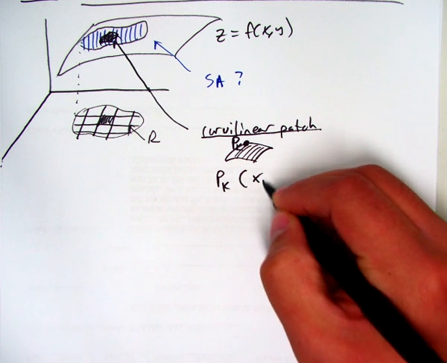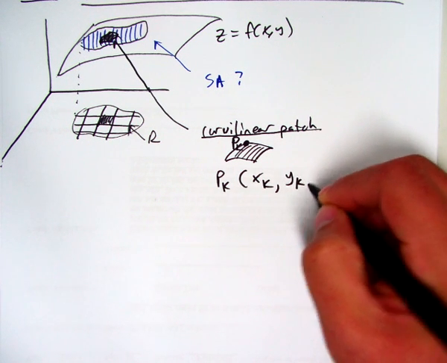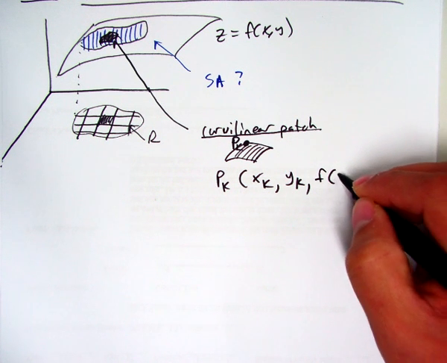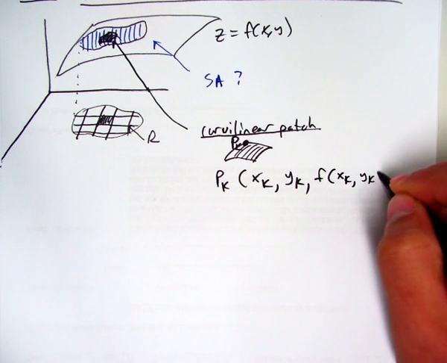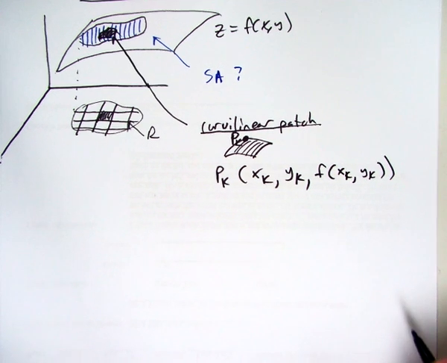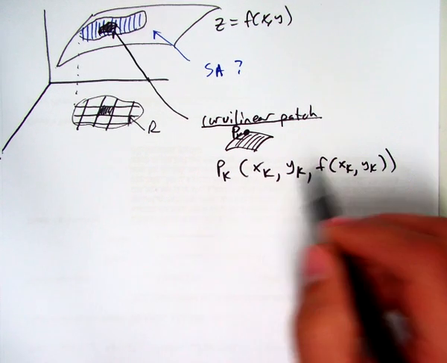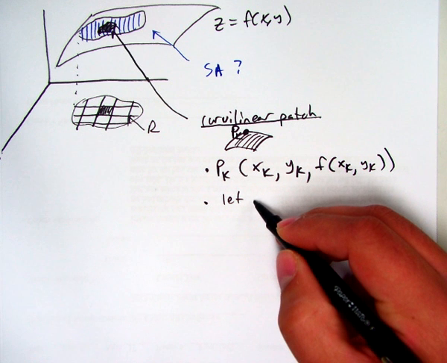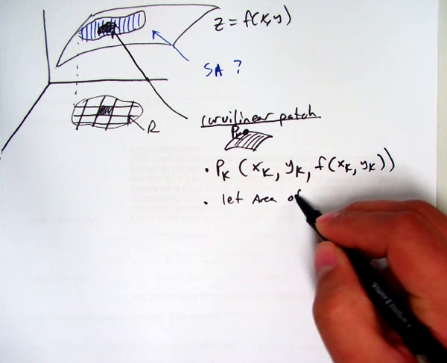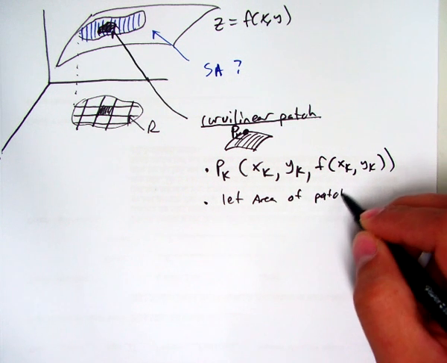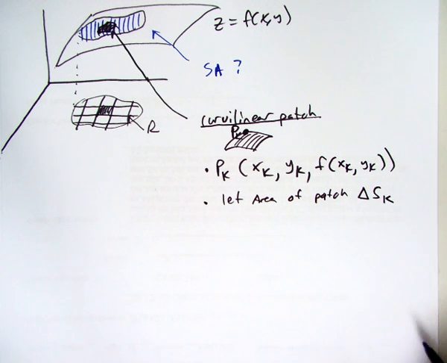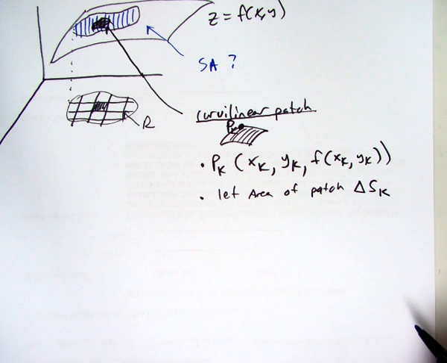So then x sub k, y sub k would be the coordinates for x and y, and then the z coordinate would be found by plugging in x sub k and y sub k into your function for z. Now we're going to let the area of the patch be delta s sub k, for surface area.